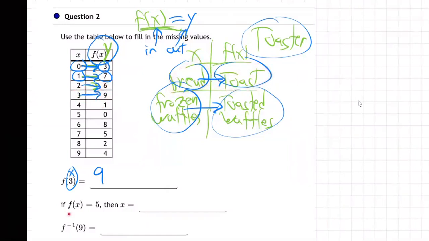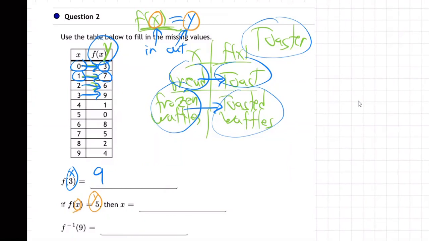Okay, what about this? If f of x equals 5, then what's x? Well, now on this next one, they're giving us the y. This is the y value, and they're asking us what x value leads to the y value of 5? You see that? Remember, what goes in is x, what comes out is y for any regular function.